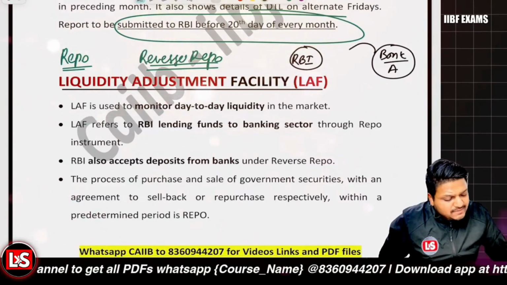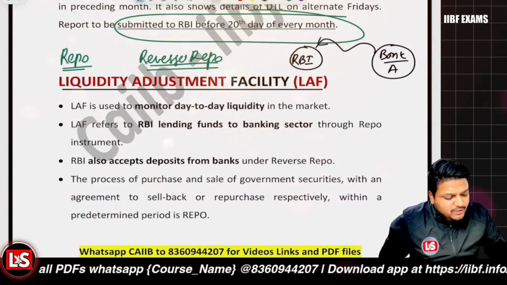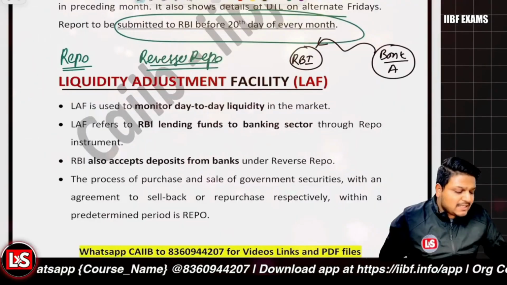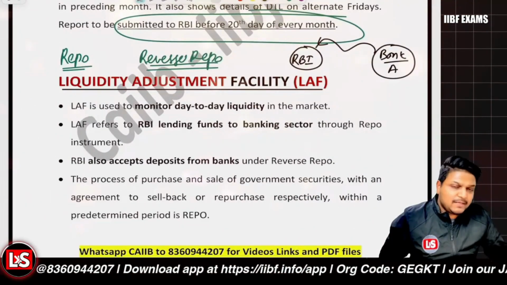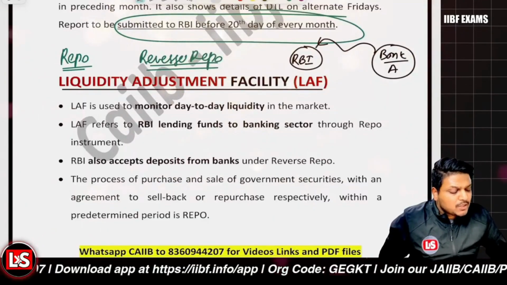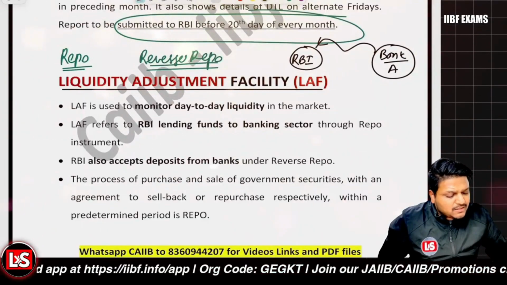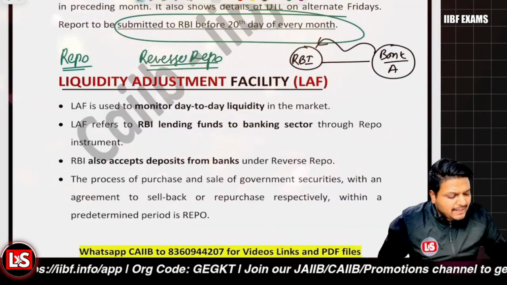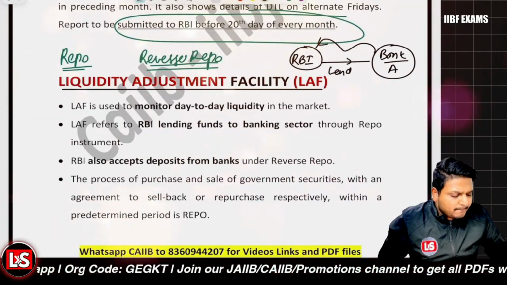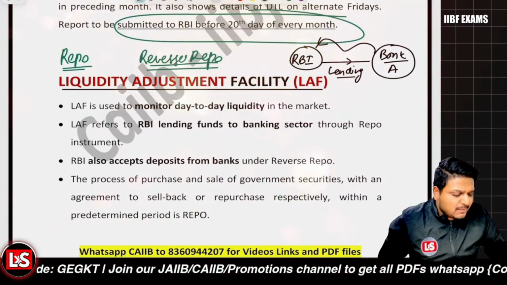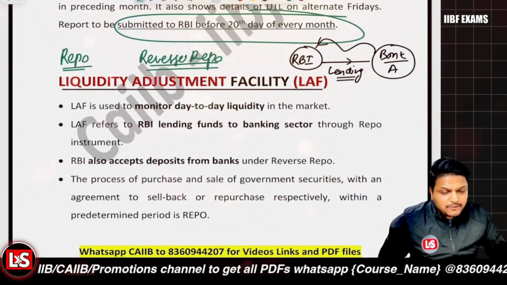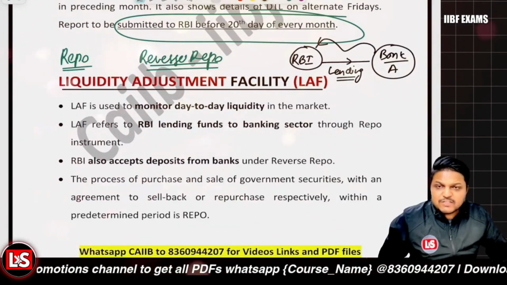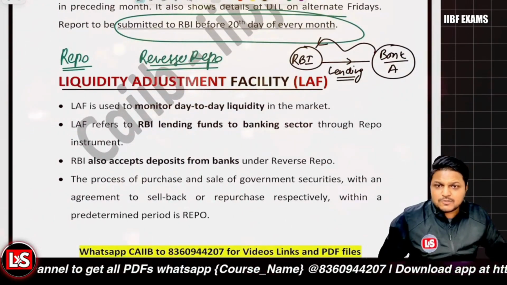The bank will place these securities with the Reserve Bank of India with the promise that it will buy back these securities after a certain period, right? Based upon that, the Reserve Bank of India will lend the amount to the bank so the bank can manage its liquidity, and the securities will be placed with the Reserve Bank of India. That's the process.